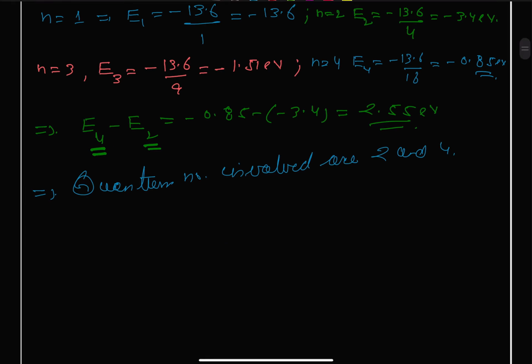So we can say the transition will be from n1, which will be 4, to n2, which will be 2.